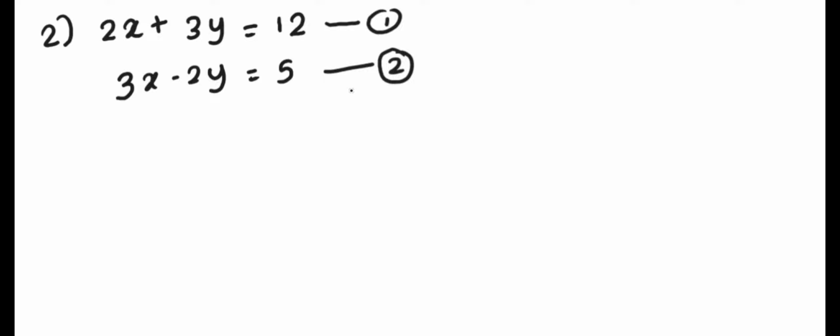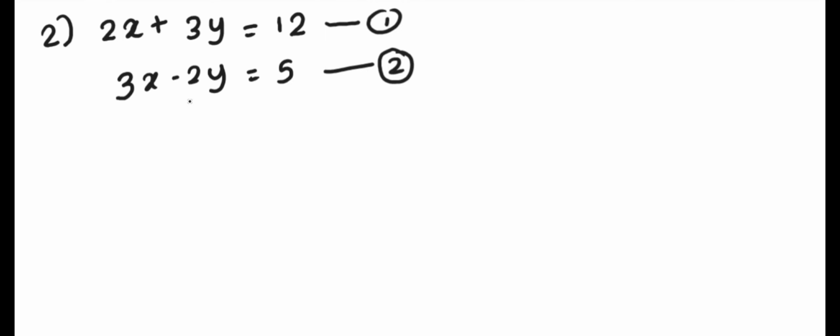In here, you can see the coefficients are not equal in both variables. In x, it is 2 in the first equation and 3 in the second equation. And y, in the first equation it is 3 and in the second equation it is 2. So the coefficients are not equal.